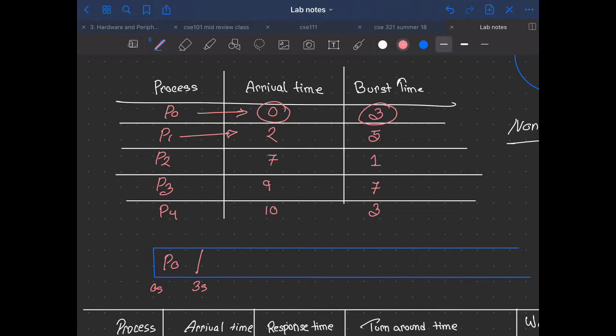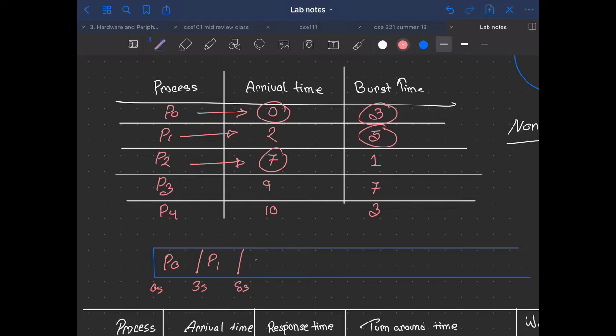However, P0 was working until 3 seconds, so there isn't any switch. The next in line is P1, and P1 has a burst time of 5 seconds, so that would be 8 seconds. At the 8th second, P1 would be done with its work, and P2 comes into play. So P2 is next in line to get the CPU.